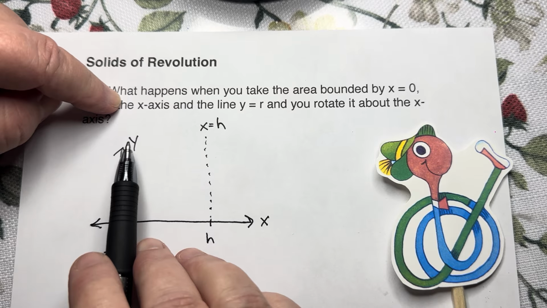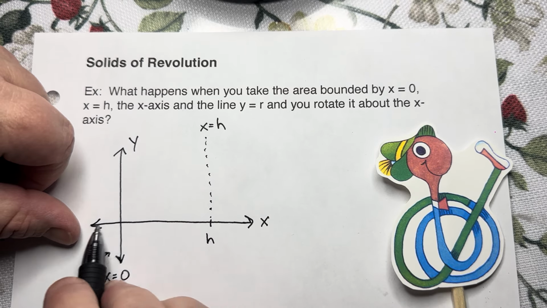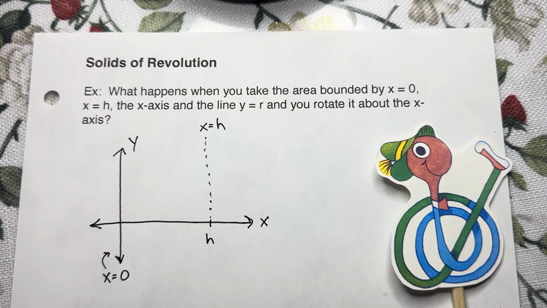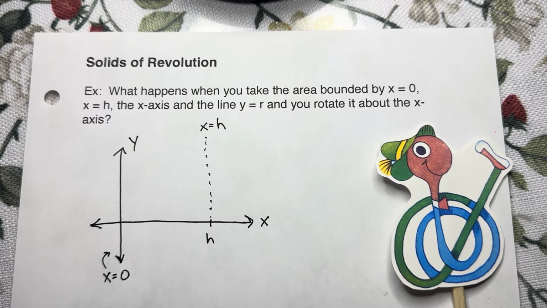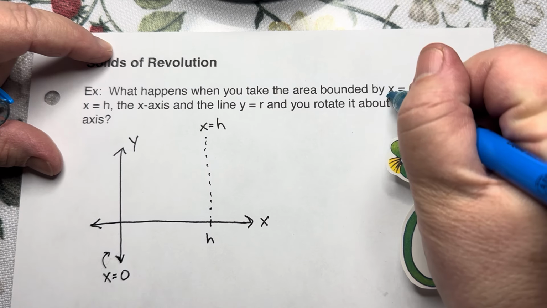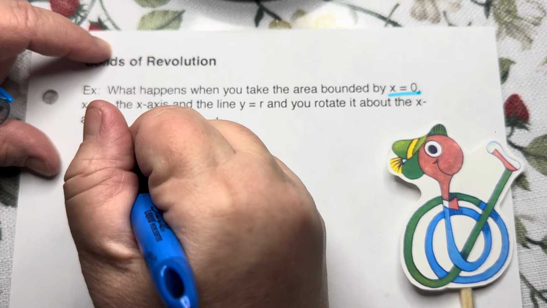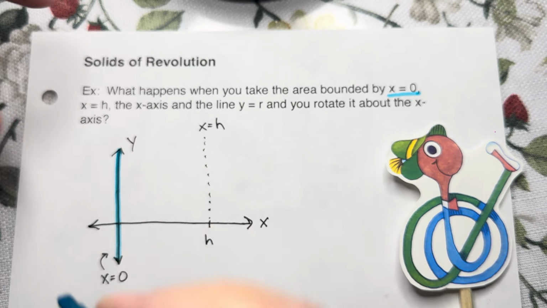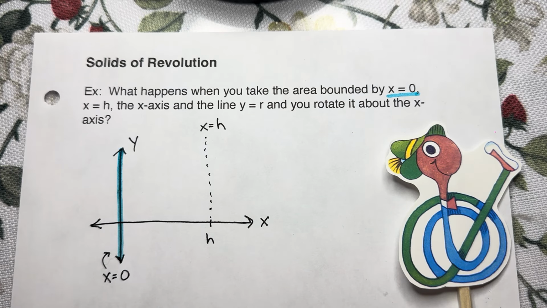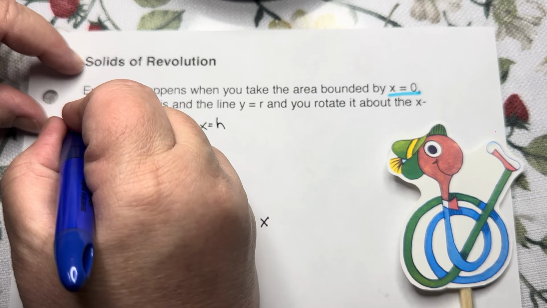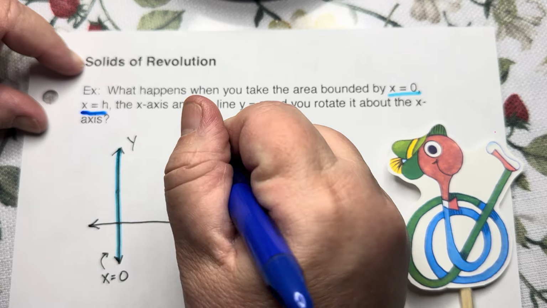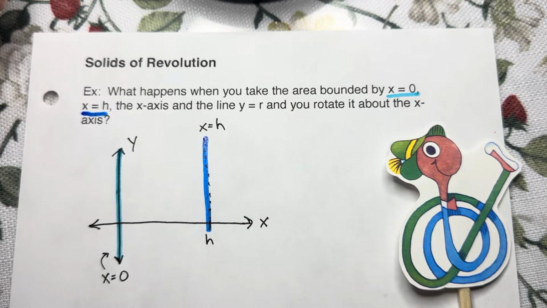The x-axis, that's right there. I've got x equals 0, that's this guy, and then x equals h. The problem is I have limited colors, so I'm not sure if they will all be distinct.